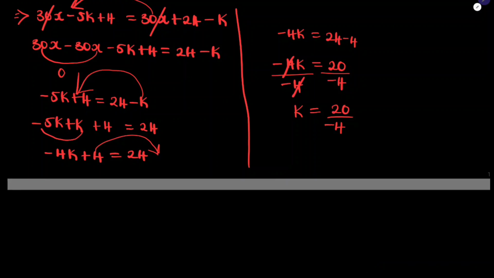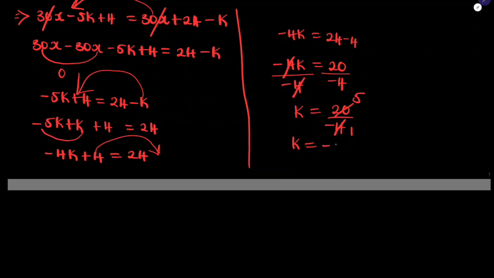If we could not simplify it further, then we would simply leave it like that. But since we can, let's go ahead and simplify it further. What's 20 divided by 4? It is 5. And the negative sign stays, so we have k is minus 5.